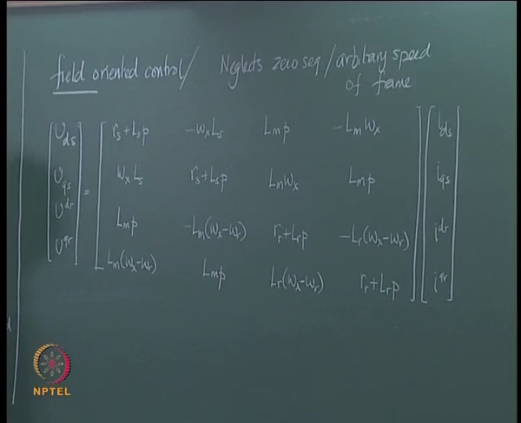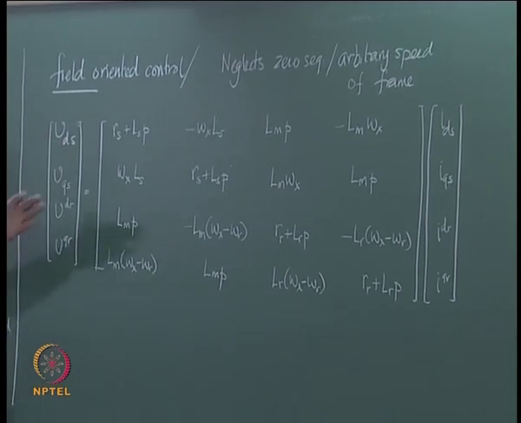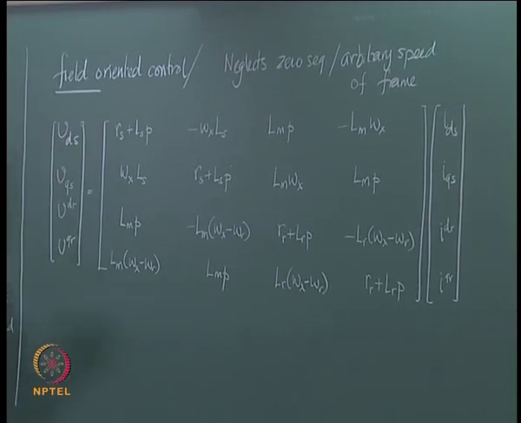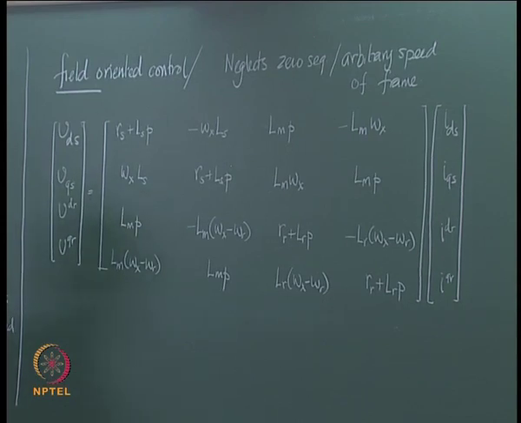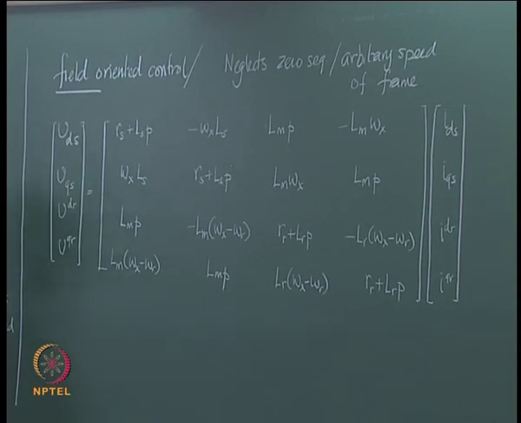Now, one can see that the equation as written is fairly big, and there are a large number of individual terms, and it is fairly difficult to remember and to write.